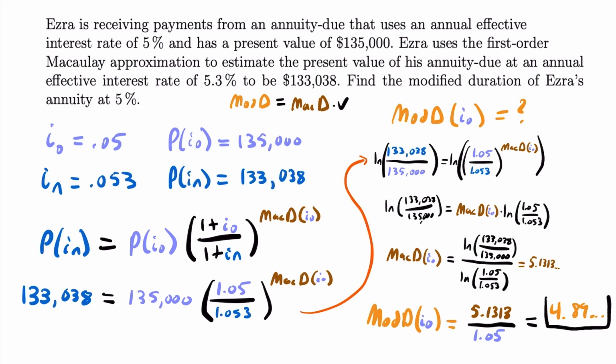That is the final answer to this example problem. 4.89 is the modified duration at 5% of Ezra's annuity due, given that his estimated present value at 5.3% is $133,038.